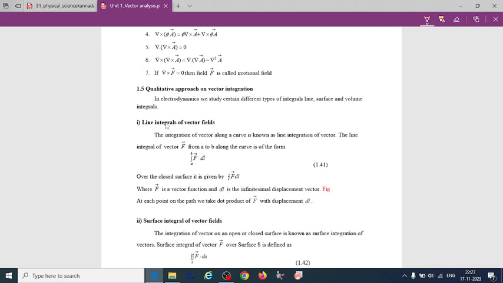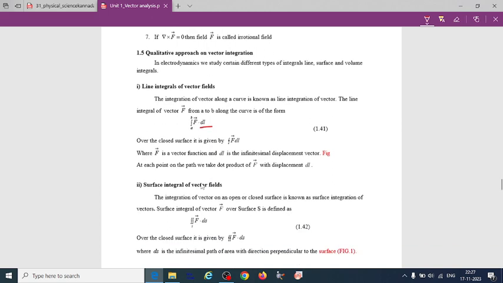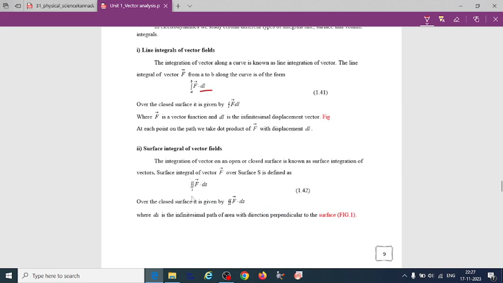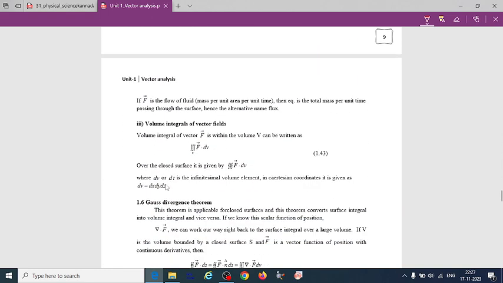Again, a qualitative approach on vector integration. Line integrals of a vector field, how do we represent a line integral? That is dl. If we take a surface integral, a double integration, we denote it by ds. Then for a volume integral, you have to integrate three times, that is dv.